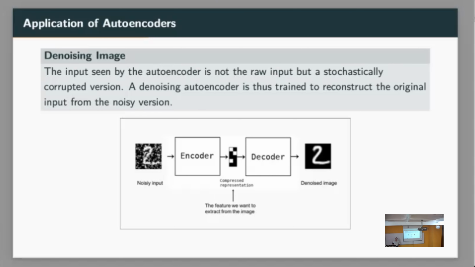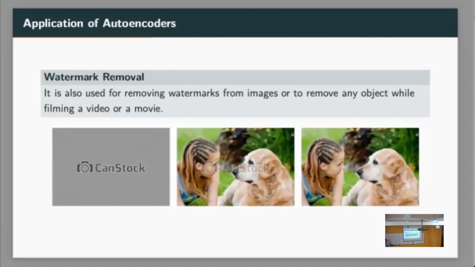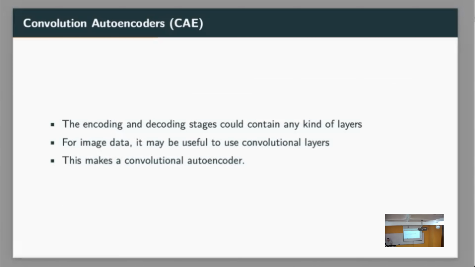And the autoencoder learns the context and tries to map it to the context it knows. More interesting things. Watermark remover. So we train on good images, everything that's not good gets stripped away. I know it's more or less magic.